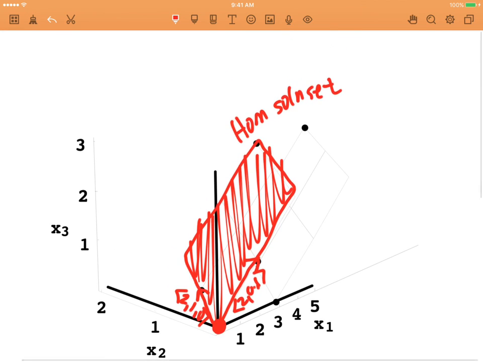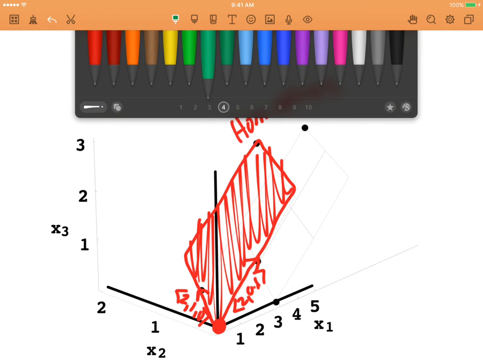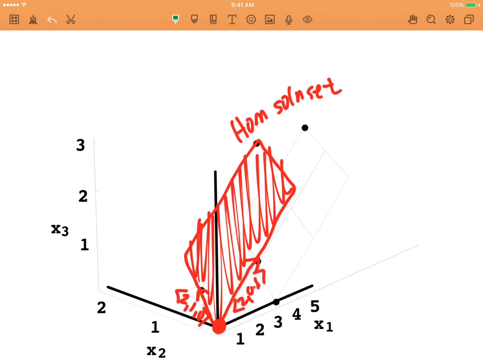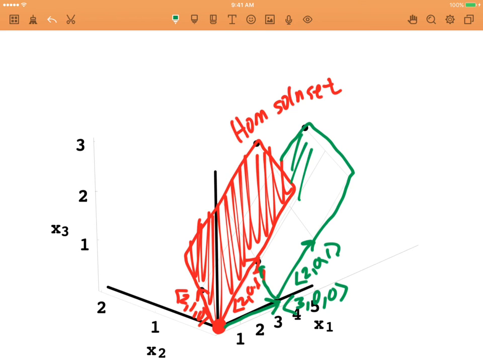For the non-homogeneous solution set, there's this extra vector first, which is the 3, 0, 0. So here's 3, 0, 0. And then you add 2, 0, 1, or the other guy, which is behind there. And now you get this other plane full of possibilities, which is the same set of vectors on the red plane, except that you added 3, 0, 0 to all of them, which pushed that over.